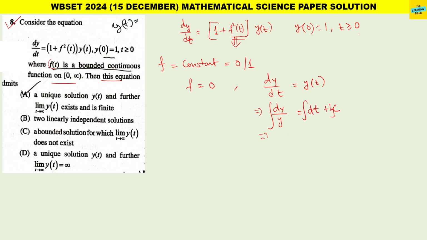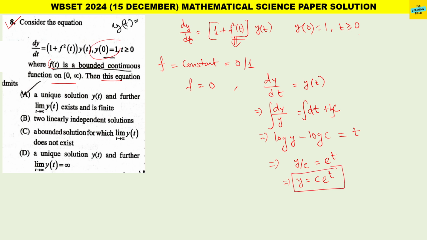So log y minus log c, this is the integrating constant, equals t. This implies y by c equals e to the power t, and y equals c e to the power t. So this is the solution.